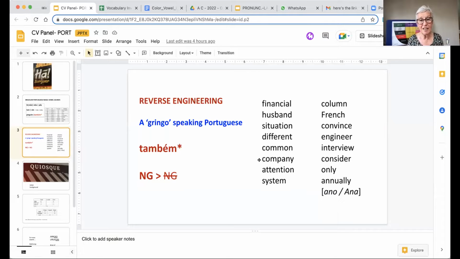Then I said, hey, if we do a little reverse engineering, you all have heard a gringo speaking Portuguese, and a gringo means an American, who has a heavy accent trying to speak Portuguese, right? Like they are trying to speak English. How does an English speaker who still has a heavy accent say that word? They would say também, também. I said, okay, that doesn't sound very Portuguese.